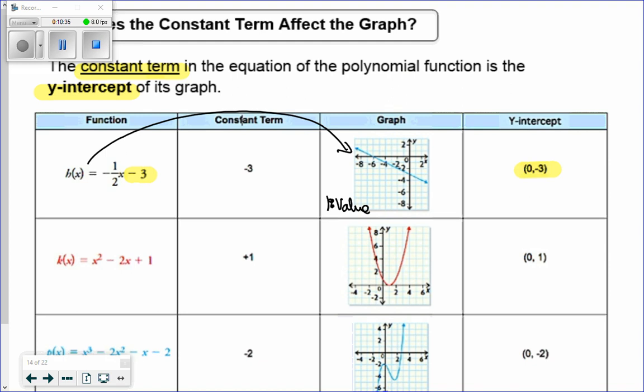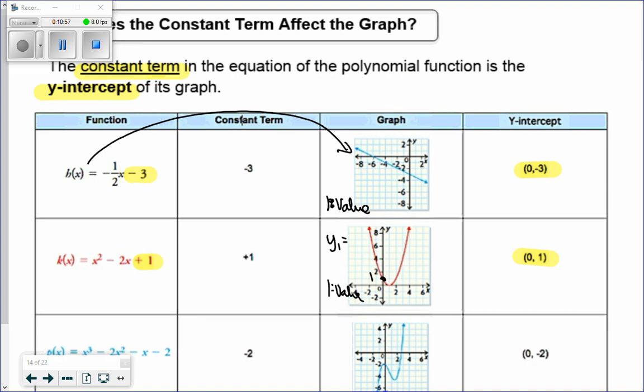For this one, the constant term is +1, so the y-intercept is 1. Again, if you plug this into y1 and use the value option, you will see that the y-intercept is at 1. What the patterns do is they take out a whole bunch of button pushing for you.